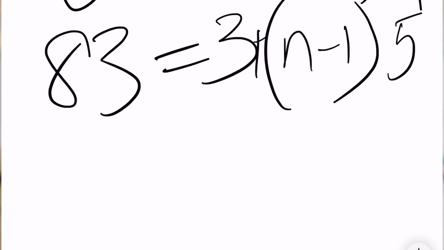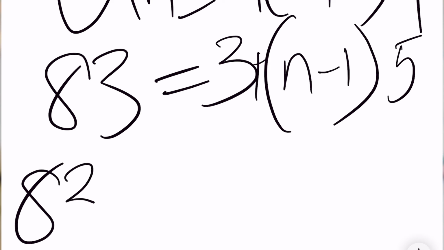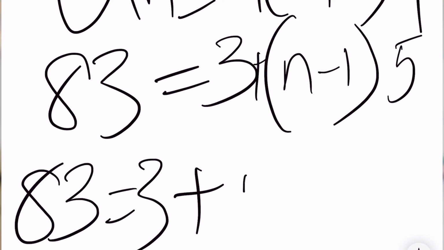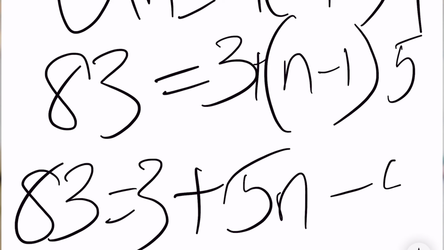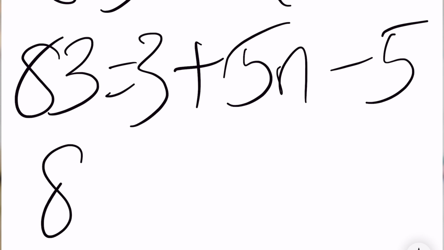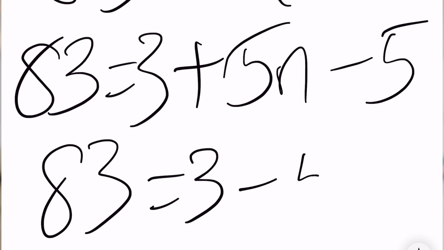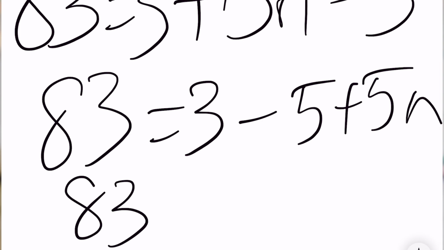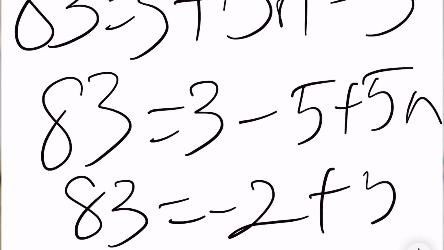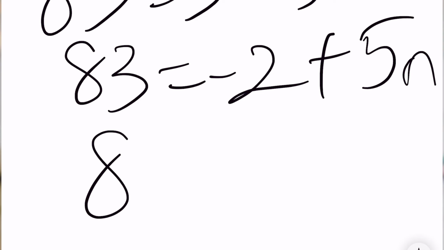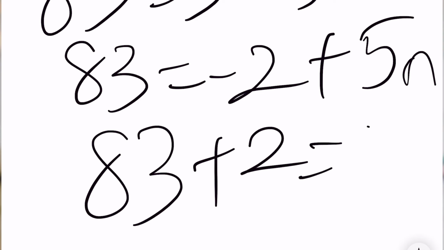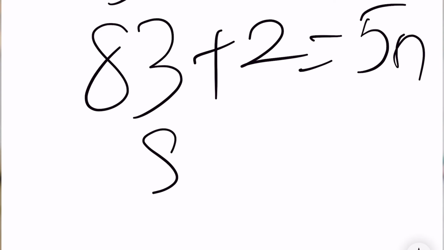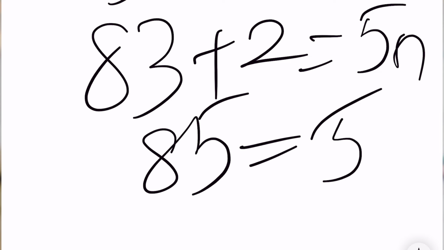So we have 83 equals 3 plus 5n minus 5. So we have 83 to be 3 minus 5 plus 5n. So we have 83 to be minus 2 plus 5n. We have 83 plus 2 equals 5n. We have 85 equals 5n.